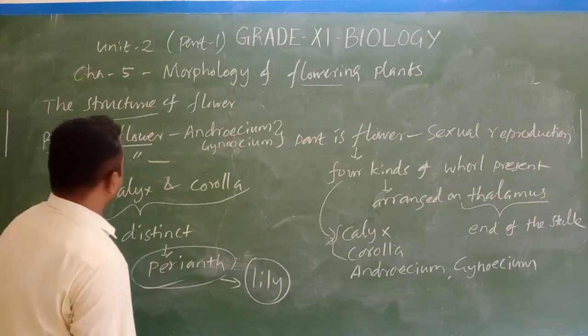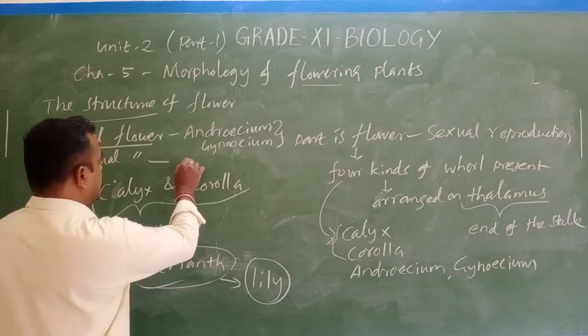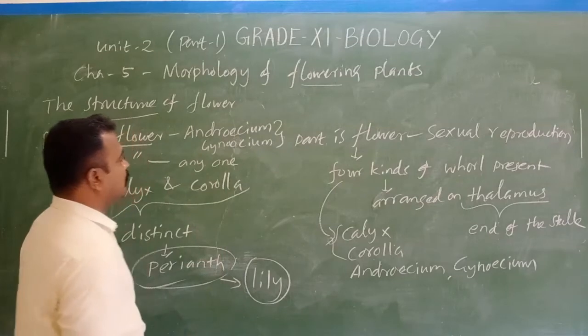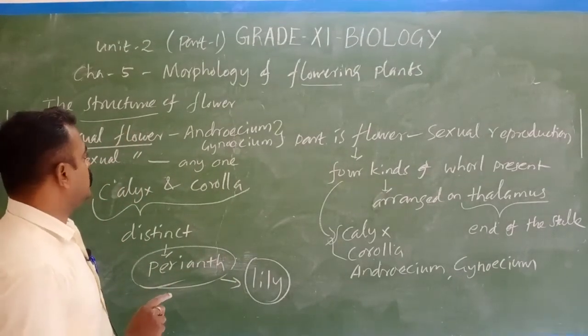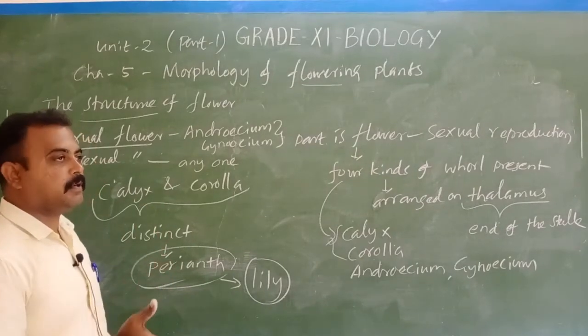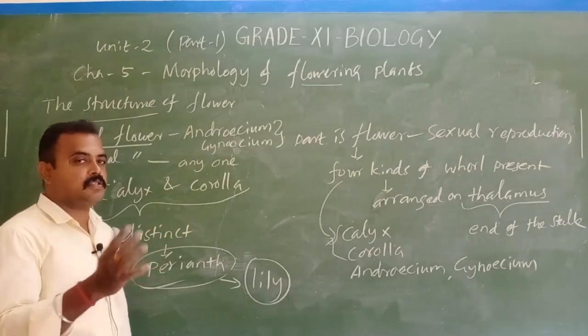Unisexual flower is what? It consists of only one of the reproductive parts, whether androecium or gynoecium. So based on the reproductive part, flower has been divided into two: bisexual flower or unisexual flower.